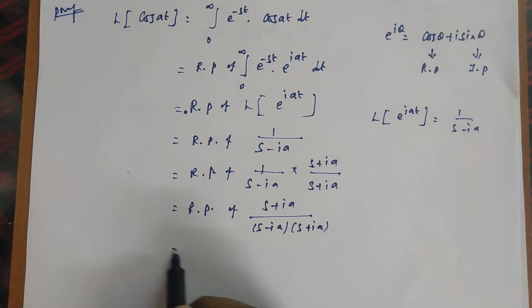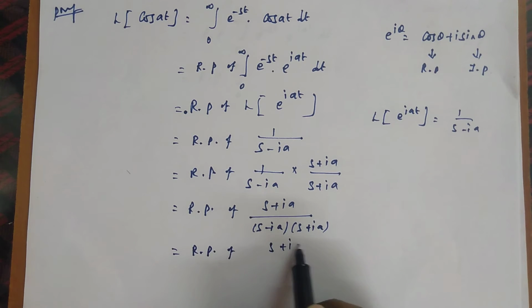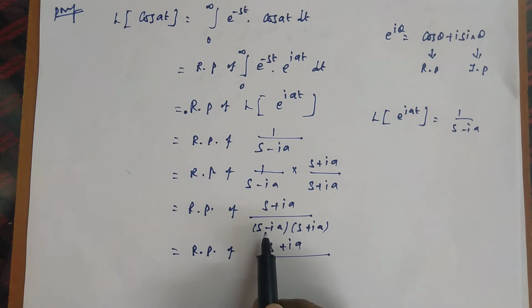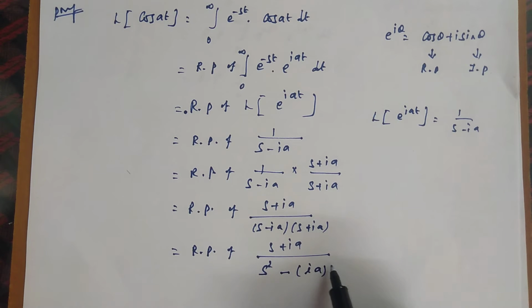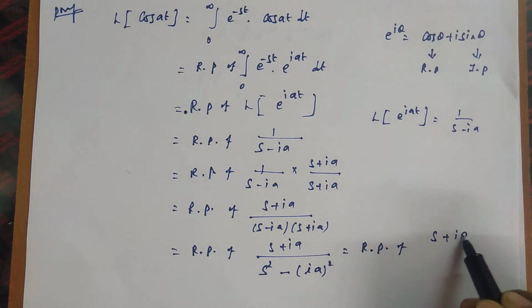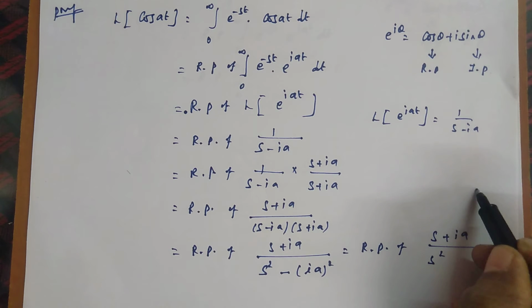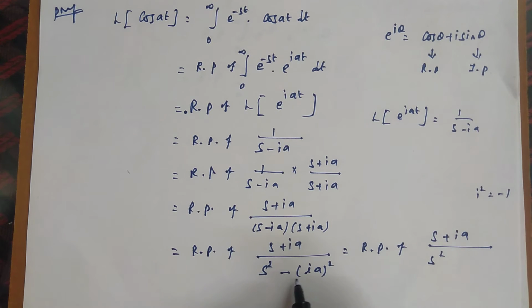Here a is s, so s square minus b square, where b is ia, the whole square. That is equal to the real part of s plus ia divided by s square. We know i square equals minus 1, already one minus is there, so minus into minus is plus, so plus a square.